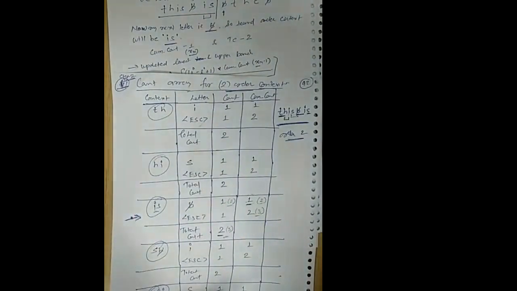Okay, fine. With respect to this second order context, I also need to update the first order context. So let me bring the first order table. Yes, I need to update the first order context as well. Which value? Over here the value will be B space. Where is B space being considered?